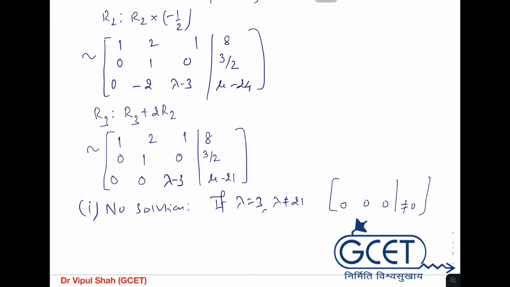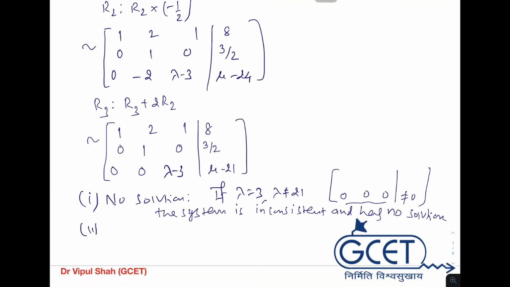So then we are having no solution, because then you can see that this is 0 equal to non-zero. So the system is inconsistent and has no solution.